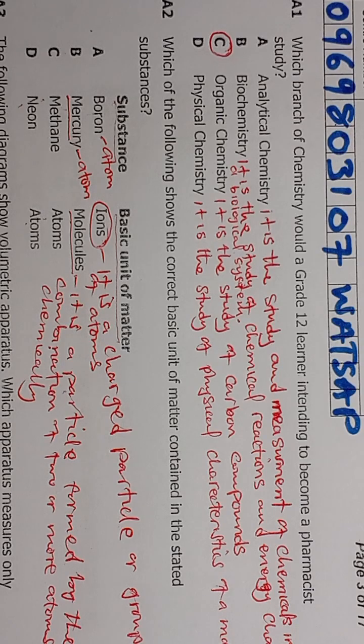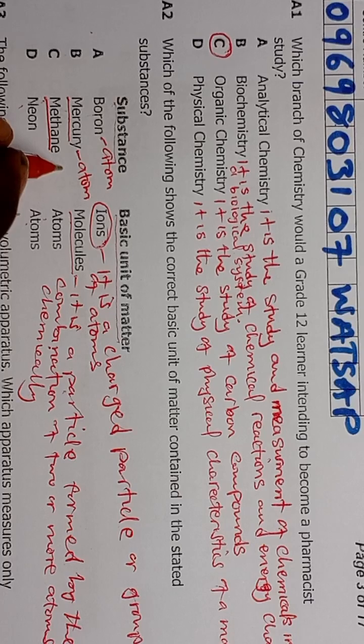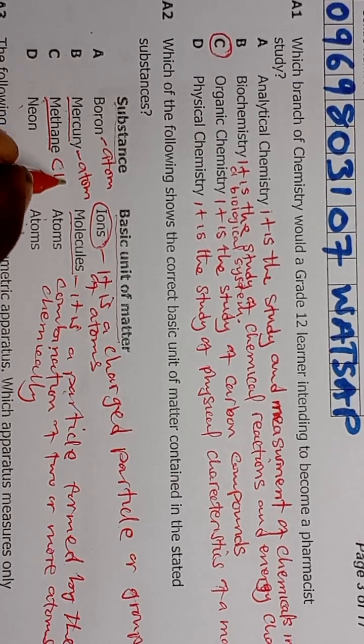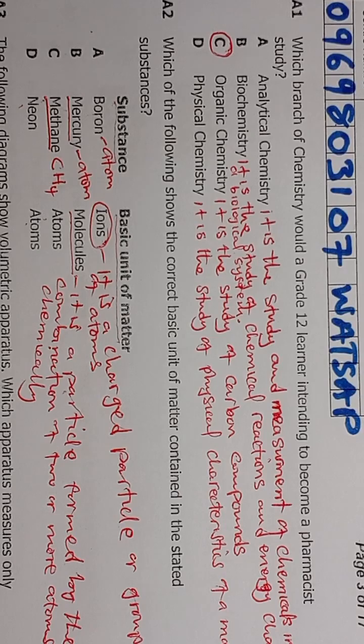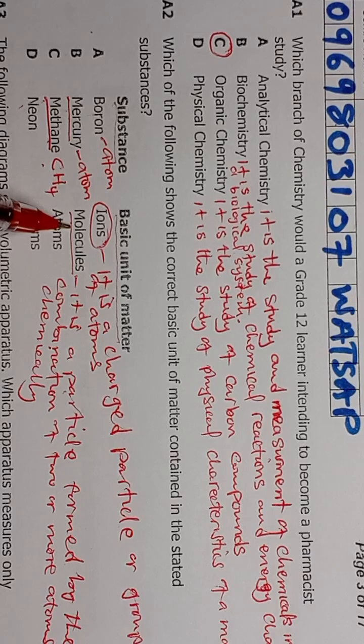Option C, methane. So methane, it is a combination of carbon and hydrogen atoms. So methane, its basic unit of matter is not atoms. So methane, its basic unit, it is a molecule. Why?